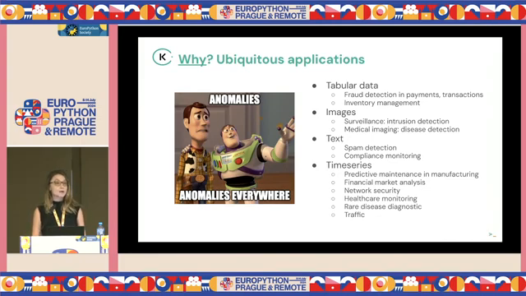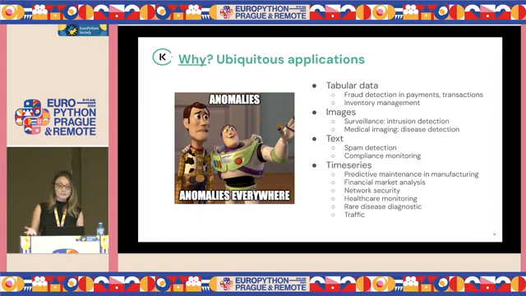Why should you care about anomaly detection? Because it is ubiquitous. It is relevant in all industries and across all types of data. If you work with tabular data, for example, the omnipresent scenario is fraud detection or inventory management. If you work with images in surveillance, we have intrusion detection.